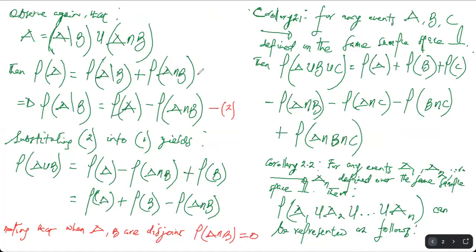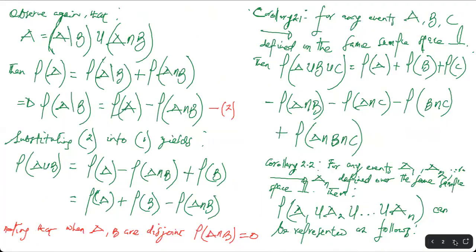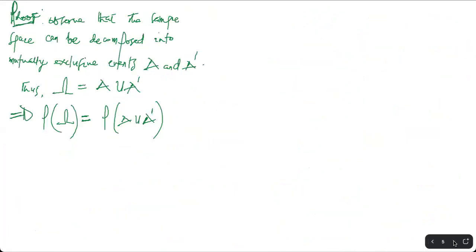So since the probability of the null set is 0, we know that the probability of omega is 1. And you can easily show this, right? So it means that this entire probability is equal to 1. All right.